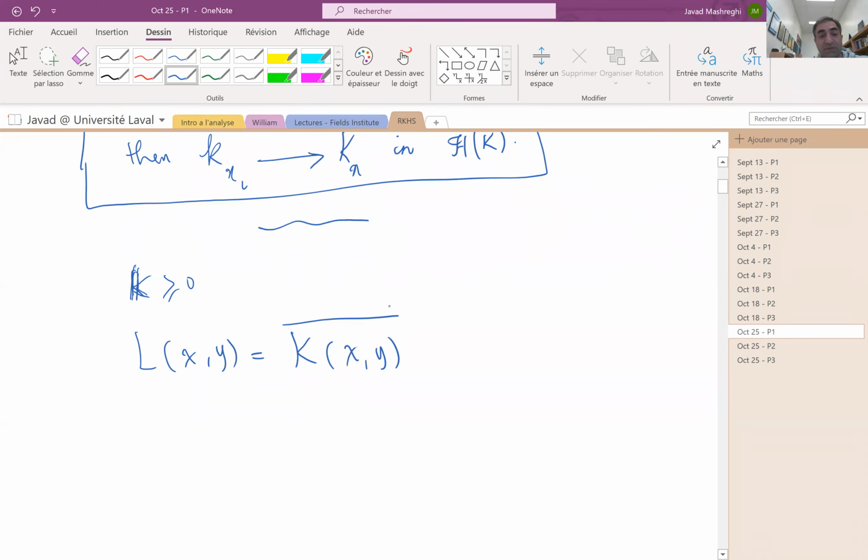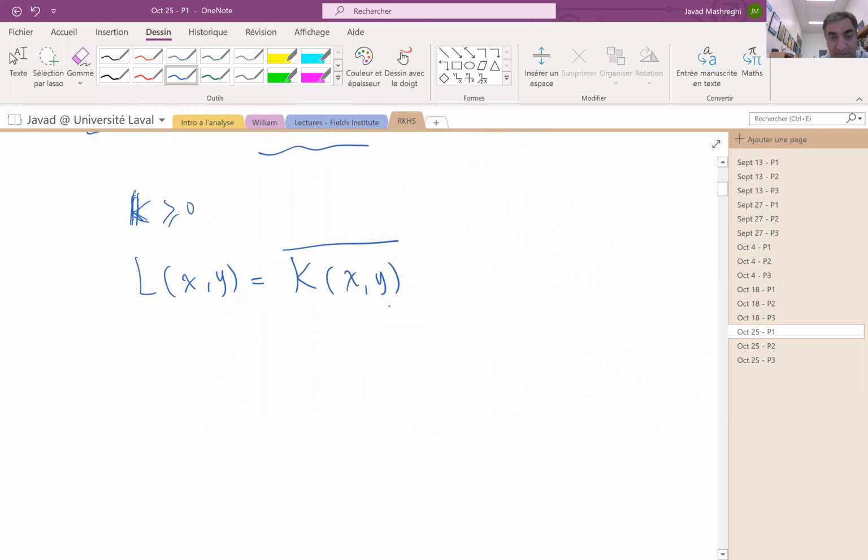It's very easy to see that L is also positive. I will show it in the proof of the next proposition. And so we can talk about H of L.